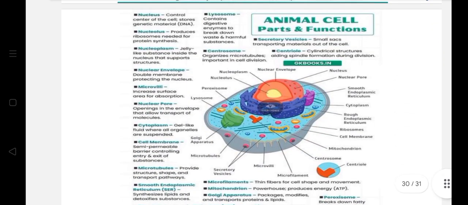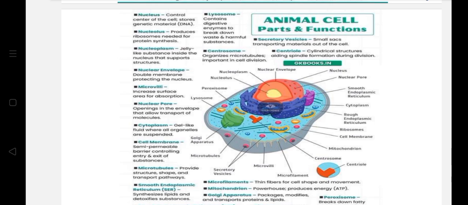How about the animal cell? Animal cells only have a flexible cell membrane, so they can take on many shapes, but they do not have a cell wall like plant cells. Then, animal cells do not have chloroplast. They cannot make their own food, so they rely on eating other organisms.